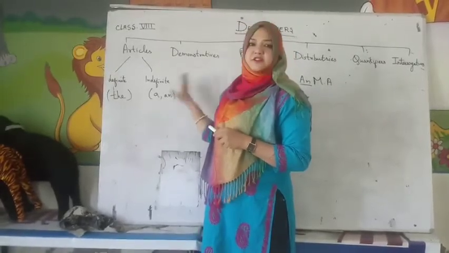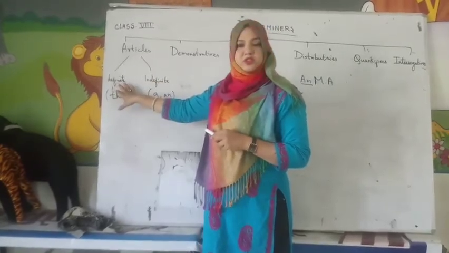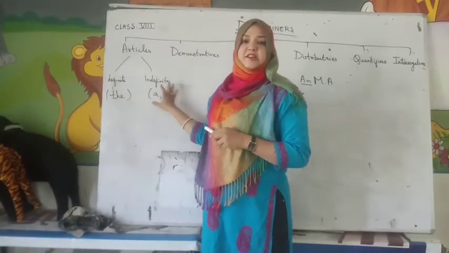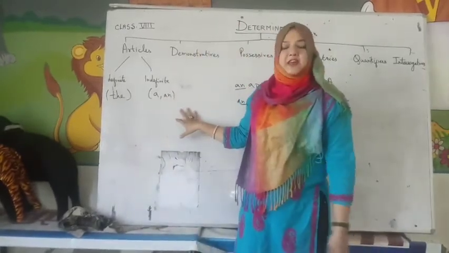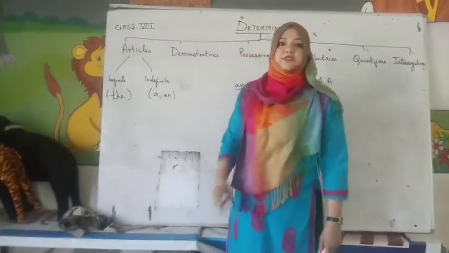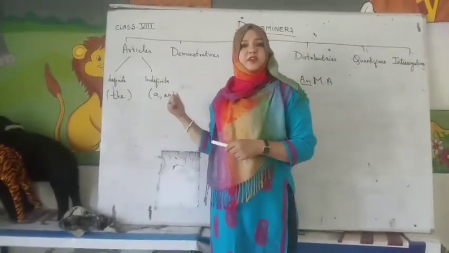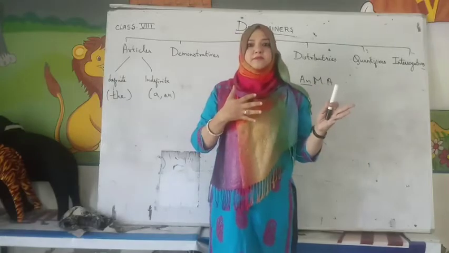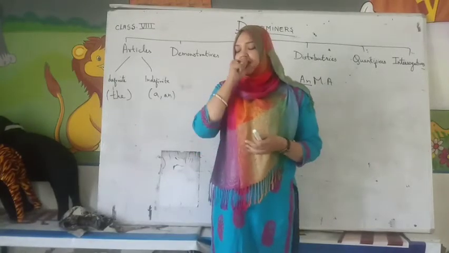Alright, so first to determine are our articles. Articles are divided into two, definite and indefinite. Definite is the, and indefinite is a and an. Is that clear? Now, second, demonstratives. Remember, in pronouns we have done demonstratives, right? Demonstrative means to show. I told you, right?